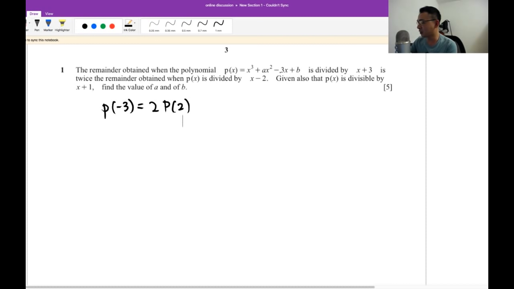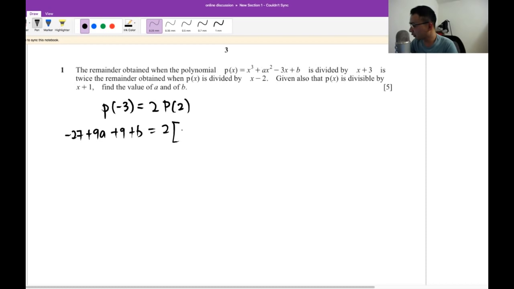What you need to do is substitute negative 3 into all the x here, and then substitute 2 into all the x here. You just do the simple substitution. So you will get negative 27 plus 9a, minus 3 plus 9 plus b equals double. You substitute 2 into all the x here.